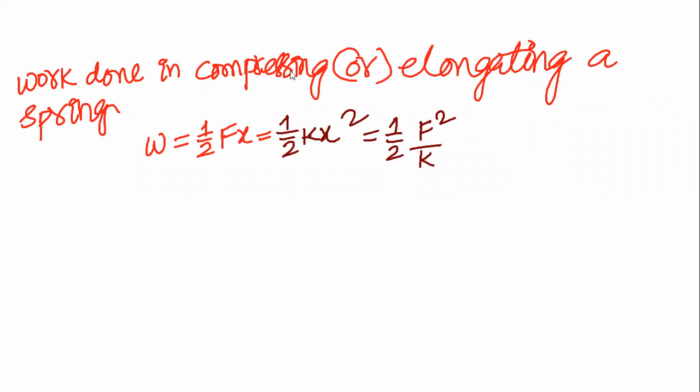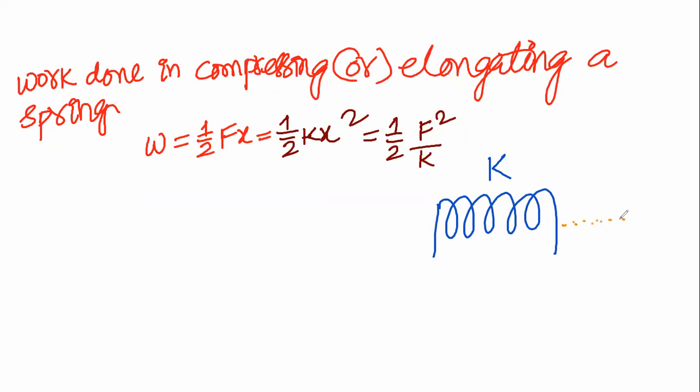Let us suppose a spring of spring constant k is there. If we extend the spring through a displacement x, the work done W is equal to half kx squared.